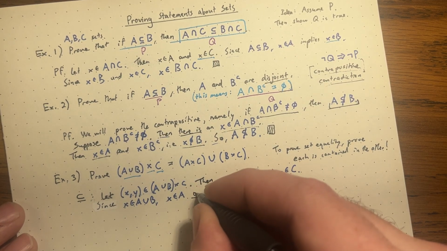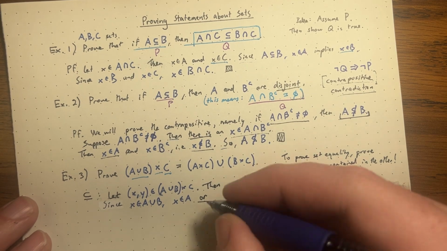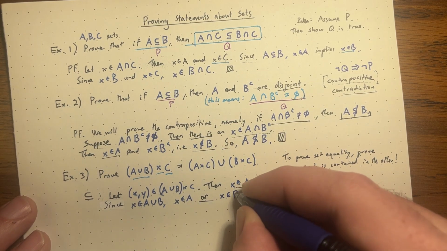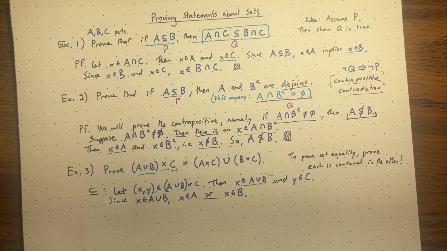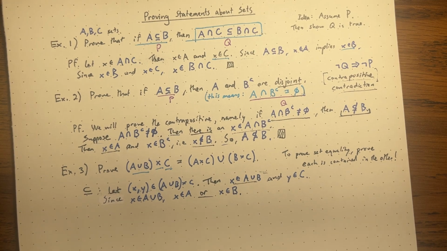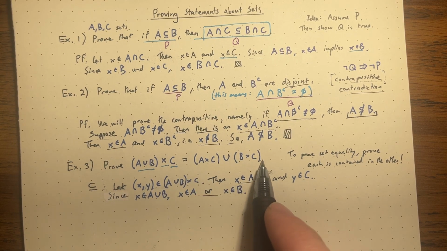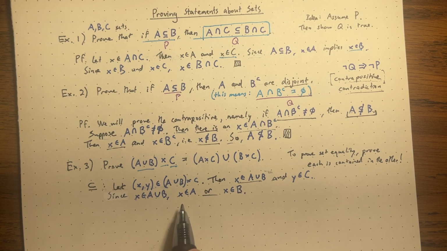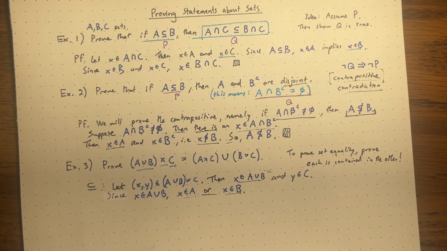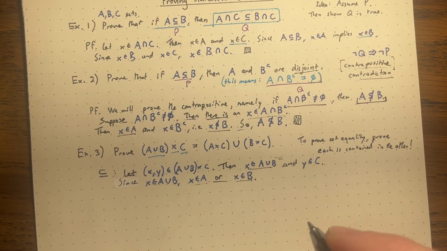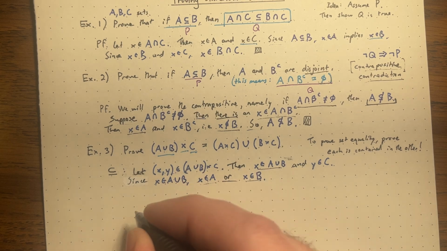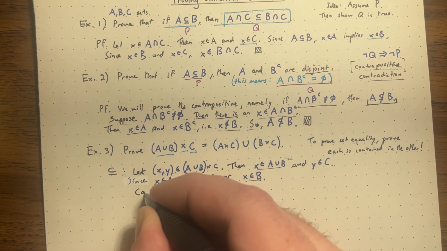I should put or, right, because it's a union. So it's X is in A or X is in B. If it were an intersection, I'd put and. I'm trying to prove this in here. So this is actually rather interesting. We have two cases here almost, right? So I think we should actually break this into cases.